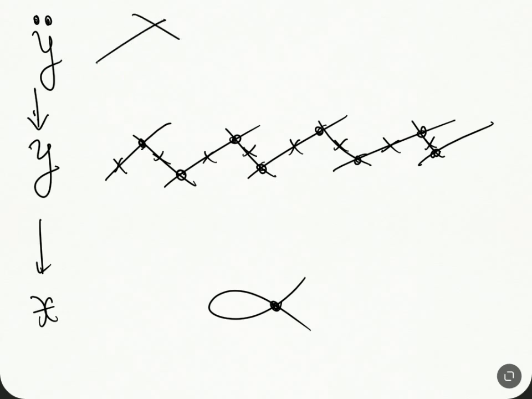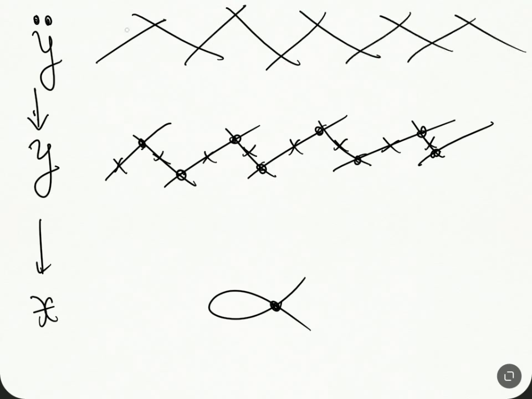And then this guy is going to be pretty much the same, except we're going to get 2 copies of the marked points. So this is going to be degree 2. I'll say a little bit more about how this is constructed, but I guess this is all we need to know about this for now.